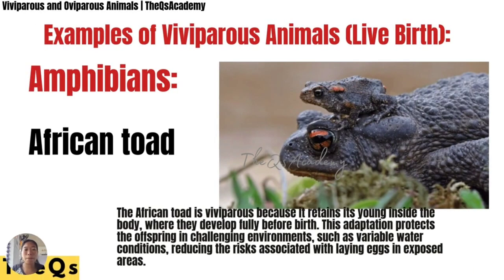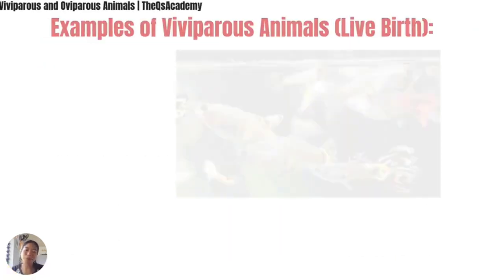We have another example, the African toad. Frogs lay eggs, but the African toad is viviparous because it retains its young inside the body, where they develop fully before birth. So the African toad is different from other frogs.